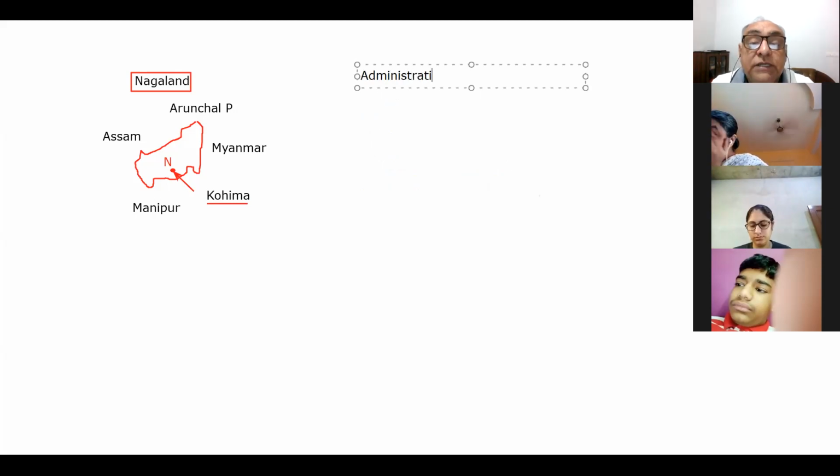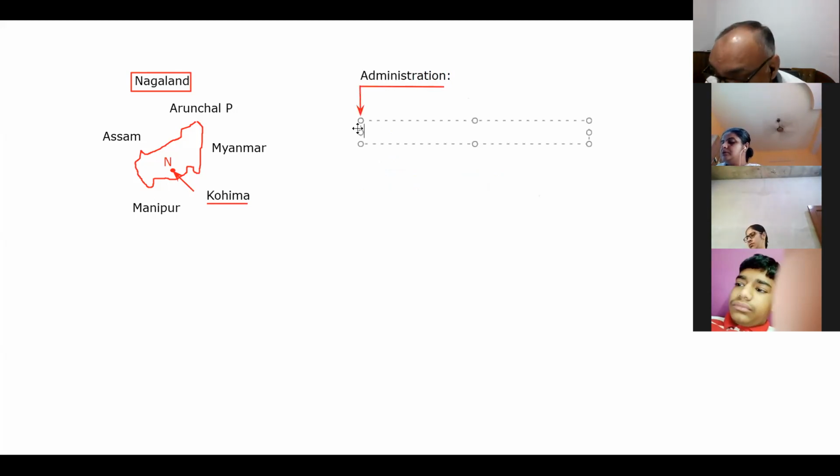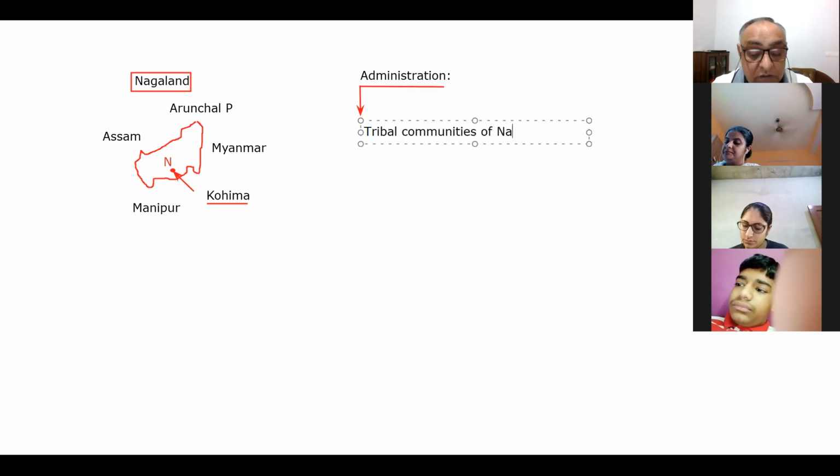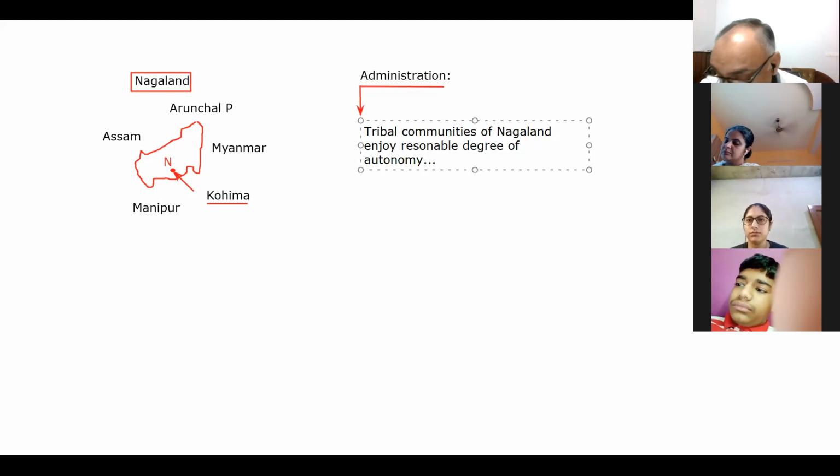As far as administration of the state is concerned, tribal communities of Nagaland enjoy a fair degree, a reasonable degree of autonomy. They enjoy that degree of autonomy.